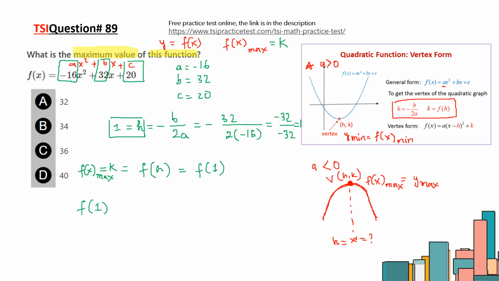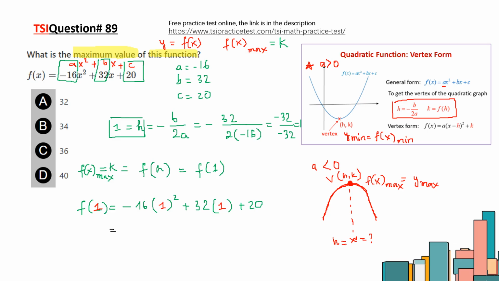So f of 1 is equal to negative 16. When you see x, you make the parenthesis, copy exactly what you see, except for x. Instead of writing x, you write the parenthesis, plus 20. Now plug in x equals 1. Whenever you see the parenthesis, you plug in 1. Now simplify this.